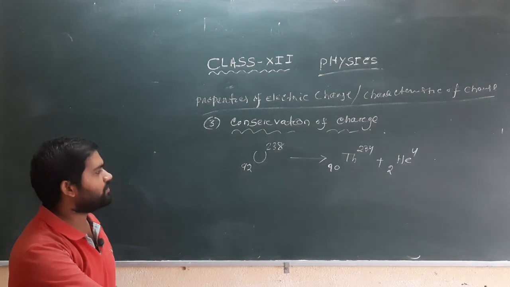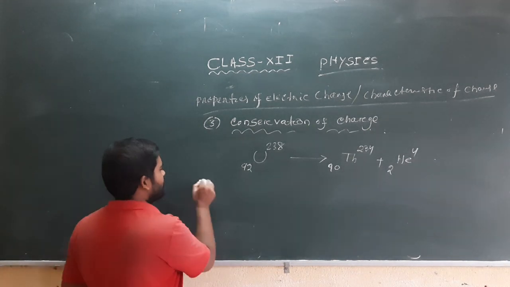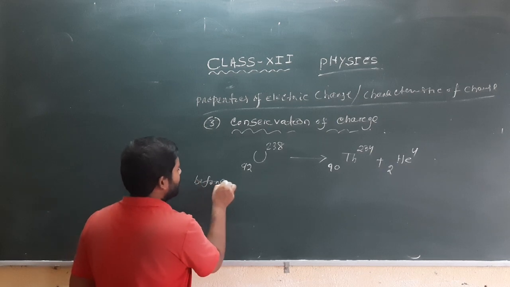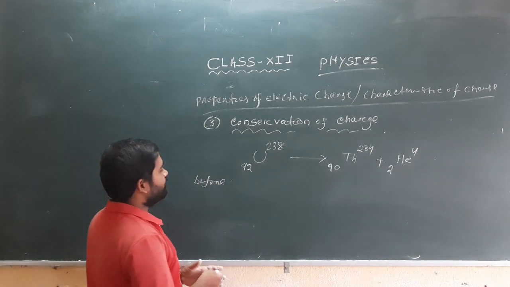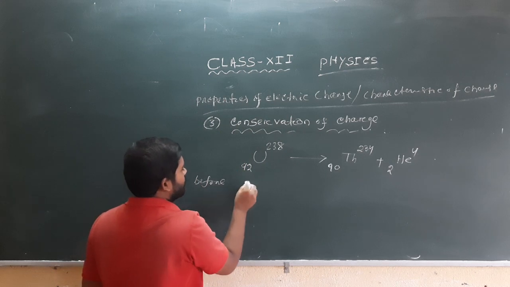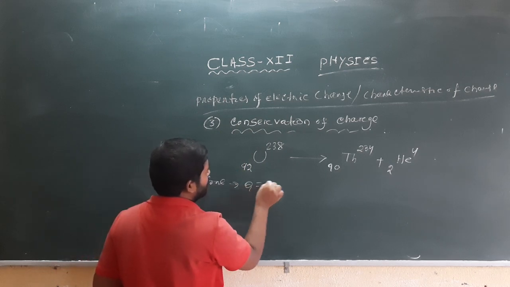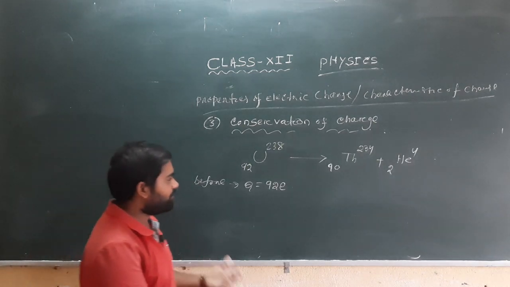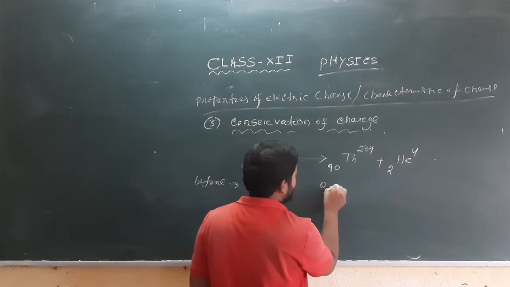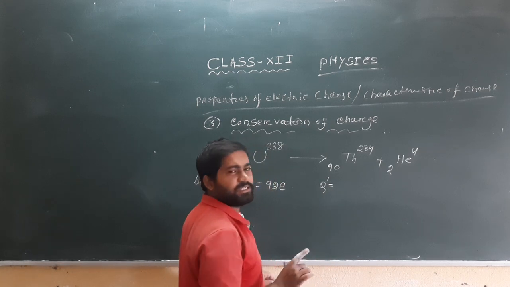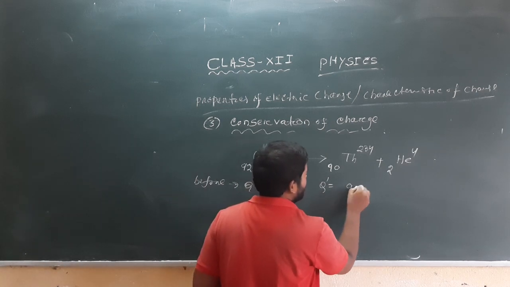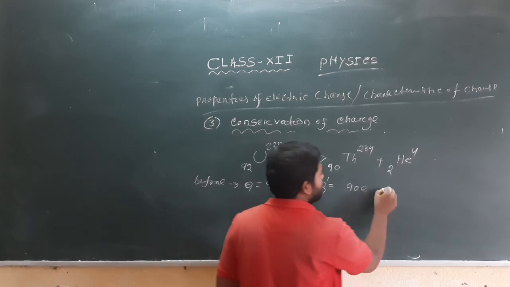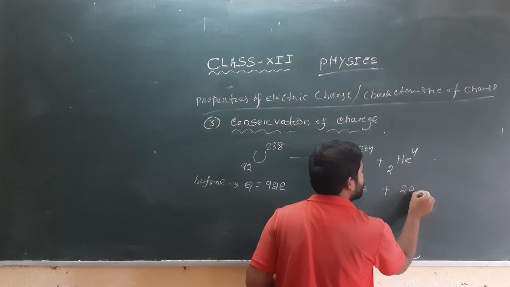Law of conservation of charge means before the reaction, before fission, the total charge Q equals 92 e. And after fission, the total charge Q dash equals 90 e plus, in case of helium, the charge will be 2 e.